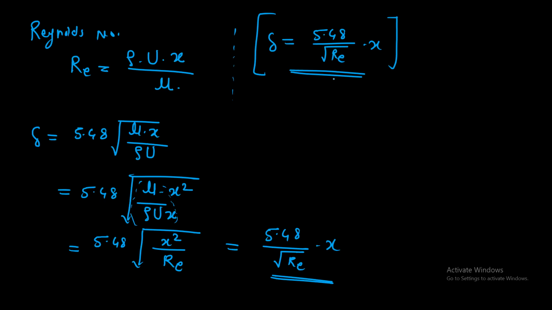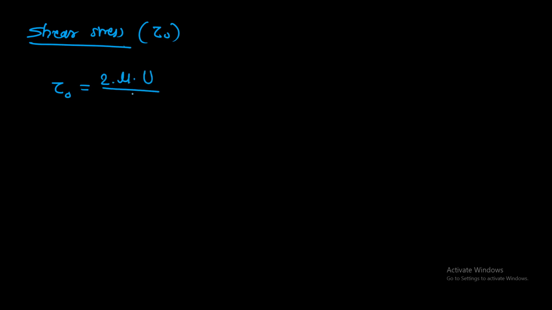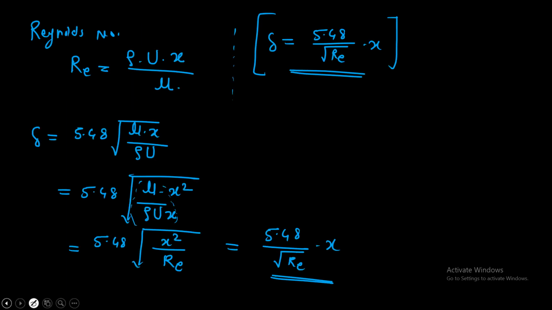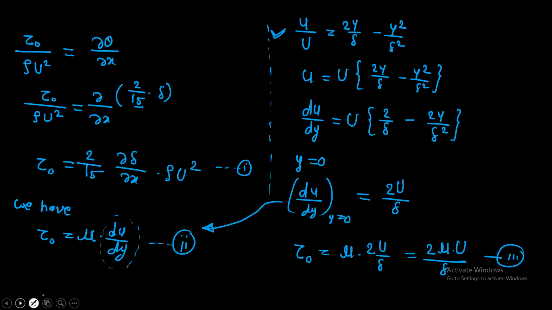Now, by using this delta, we have to find out the shear stress. For shear stress, that is tau 0, we have the equation tau 0 is equal to 2 mu u upon delta. So you can refer to this.